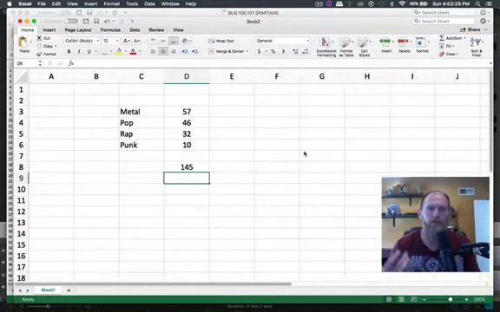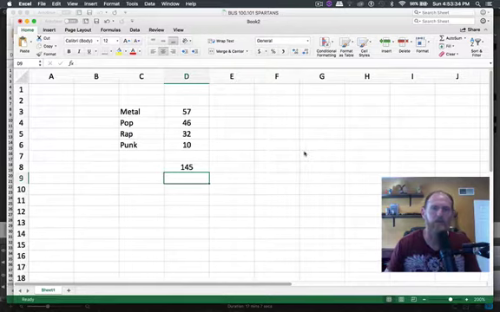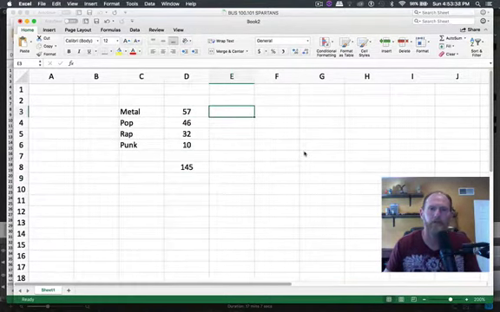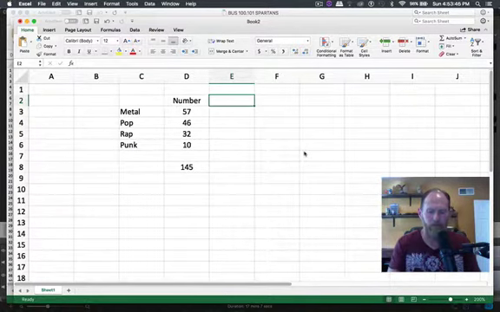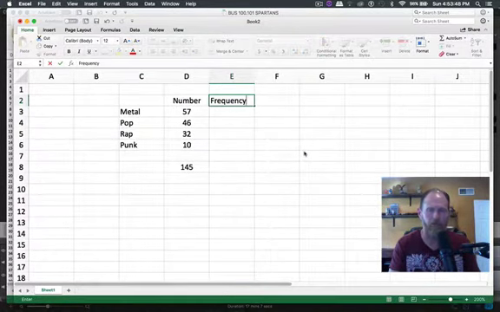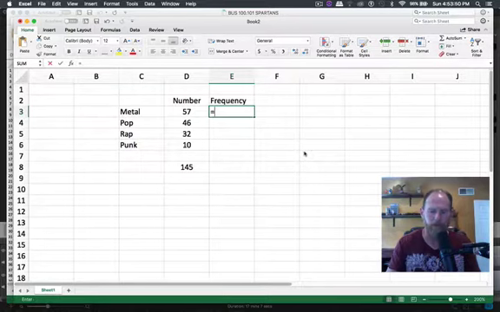And in this case, this is a sample, 145 of the amount of people at York College, roughly 4,000. So we know what we're talking about here. And then this is the number of responses, and then this is the frequency of responses within our sample.